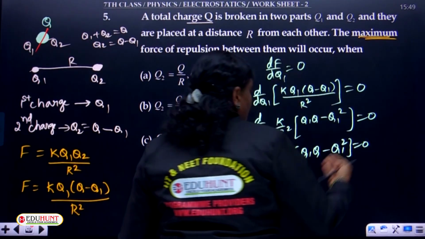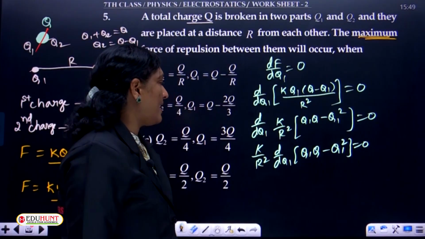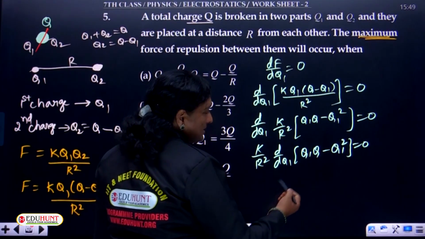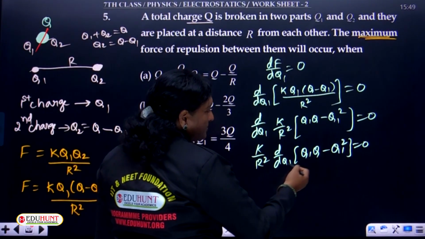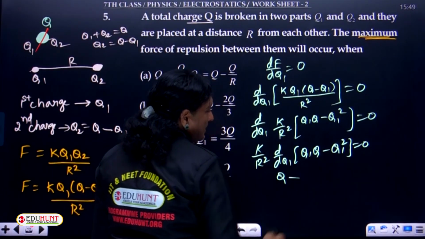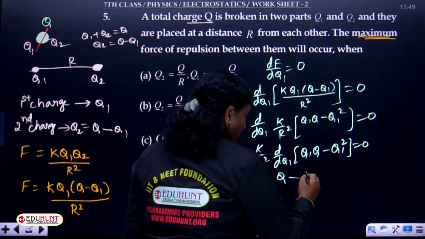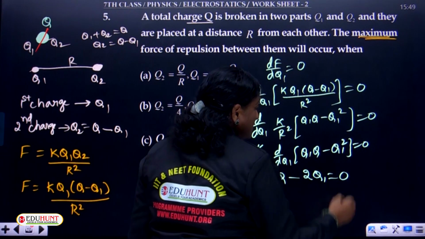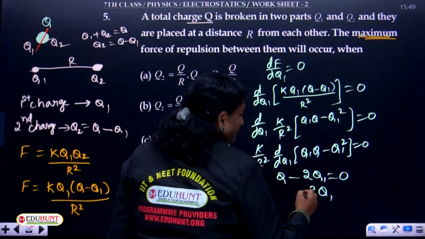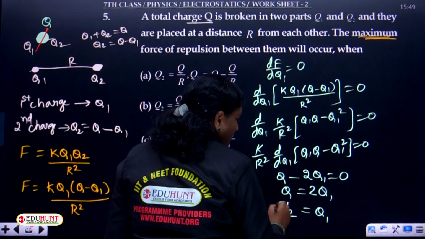So K by R square, after taking to the right side, becomes R square by K into 0, which vanishes, 0. So the derivative of Q1Q with respect to Q1 is Q times dQ1 by dQ1, that is Q, minus the derivative of Q1 square with respect to Q1, which is 2Q1, equals 0. So bringing minus 2Q1 to the other side, 2Q1 equals Q, or Q1 is found to be Q by 2.